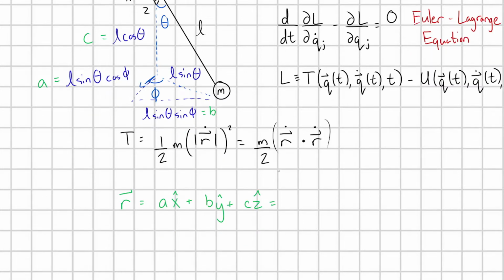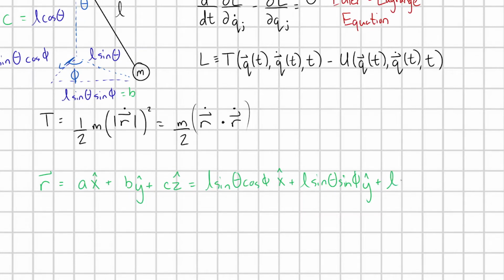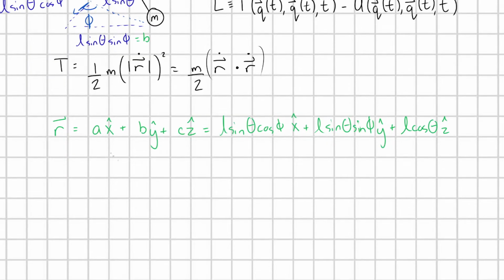So our position is going to be L sine theta cosine phi in the x hat direction, plus L sine theta sine phi in the y hat direction, plus L cosine theta in the z hat direction. Beautiful. From here, this just tells us the position of our particle. And remember, theta and phi are changing with time, so they are both functions of time.